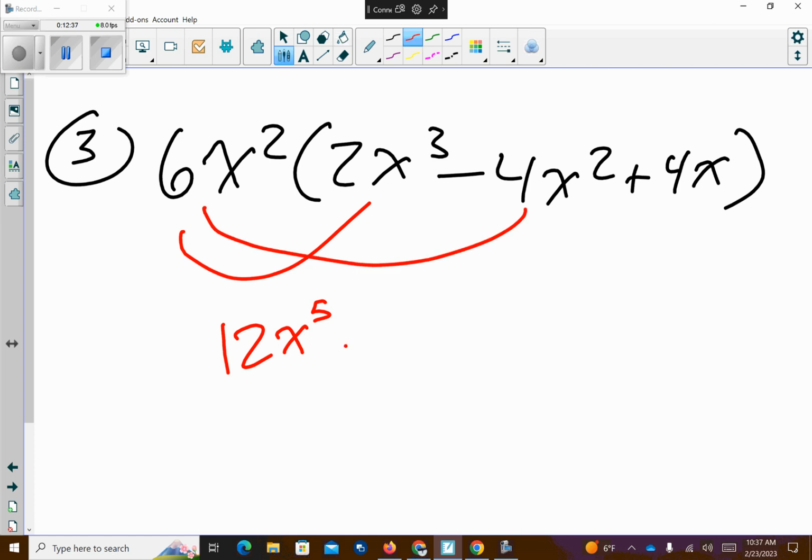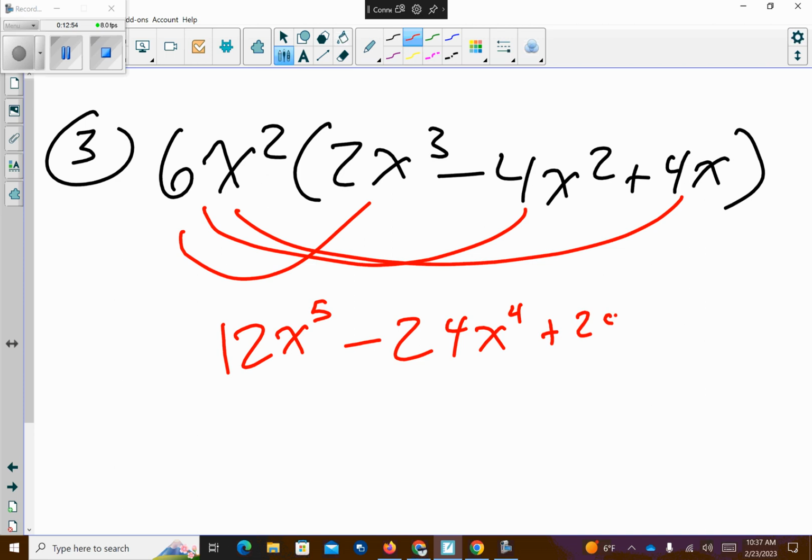Multiply here, negative 24. That's supposed to be an exponent, sorry. And then 6 times 4 is positive 24x. Hey, this x right here is raised to the first power, so it's x to the what? Third.